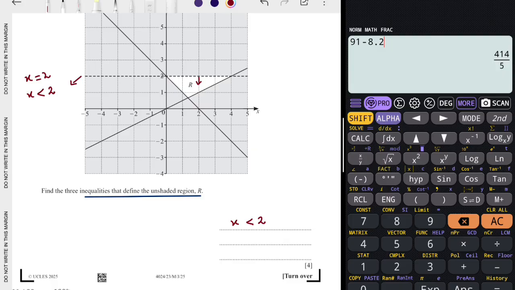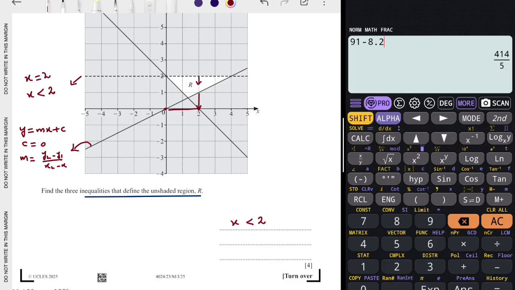Now we have to write two more inequalities, so let us find the inequality of this line. If you see, our equation is y is equal to mx plus c, and the y-intercept is 0 here. Now we have to find the gradient, that is equal to y2 minus y1 over x2 minus x1, or you can simply use the rise over run concept.